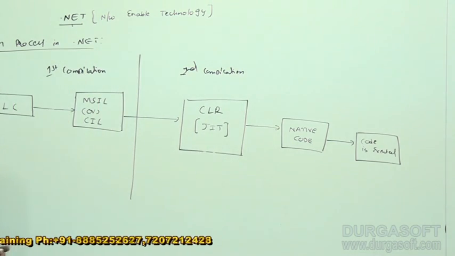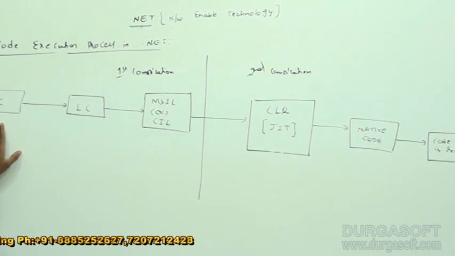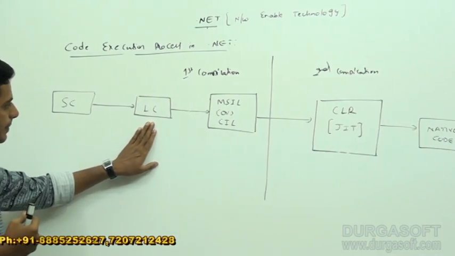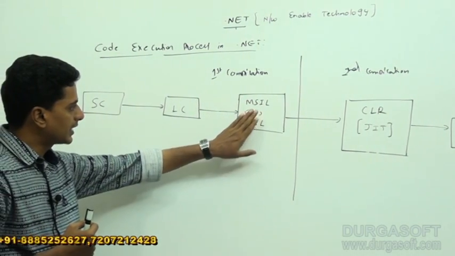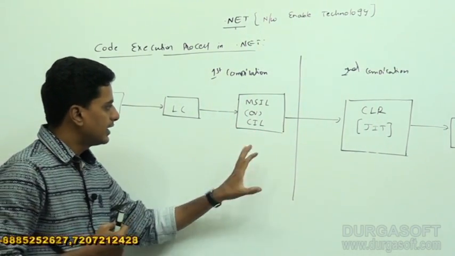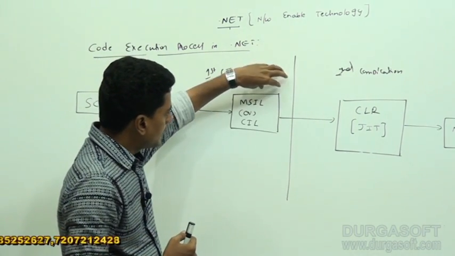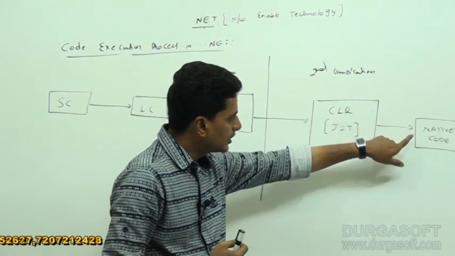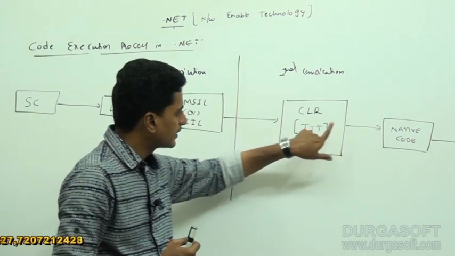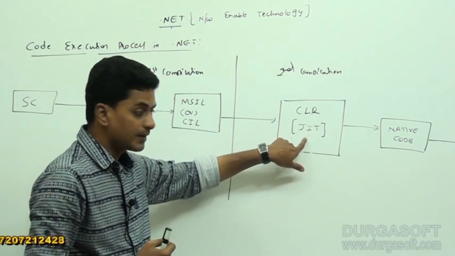Now in the first compilation, source code is compiled by the language compiler and generates MSIL, Microsoft Intermediate Language code. In the second compilation, this MSIL code is converted into native code using the just-in-time compiler.